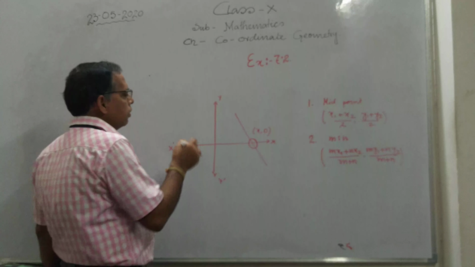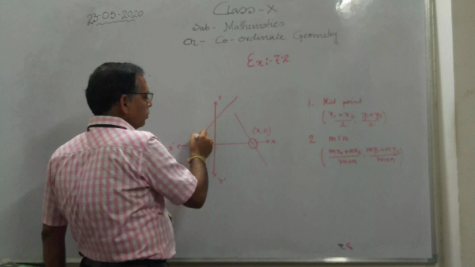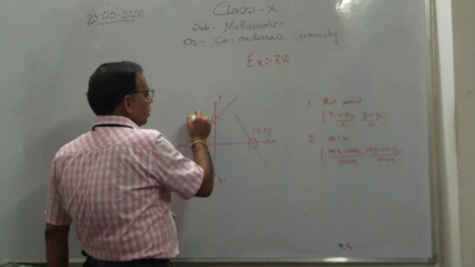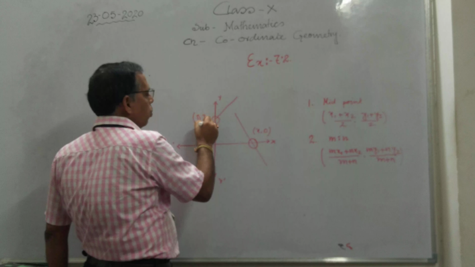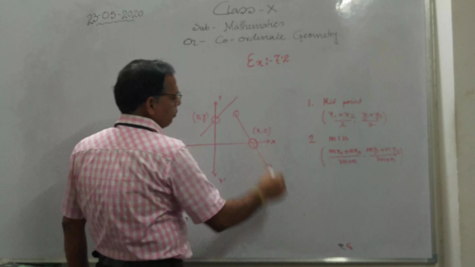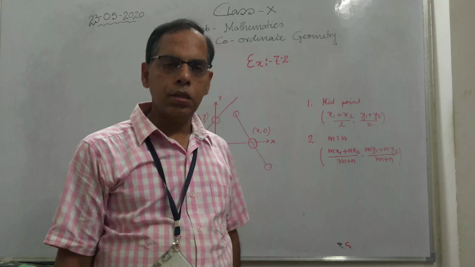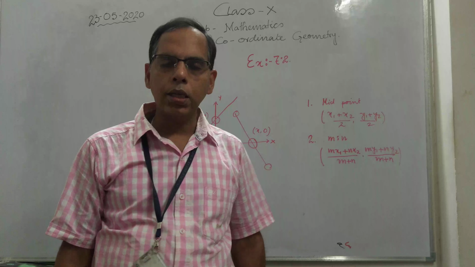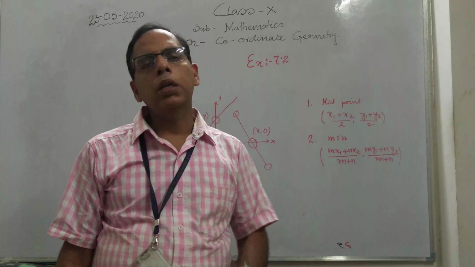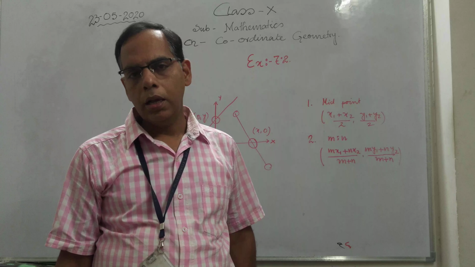Similarly, if the line is divided by the y-axis, then it will be 0, y. The other two coordinates will be given, and then you have to find the coordinate where the x-axis intersects the line, or you have to find the ratio in which the x-axis divides the given line.